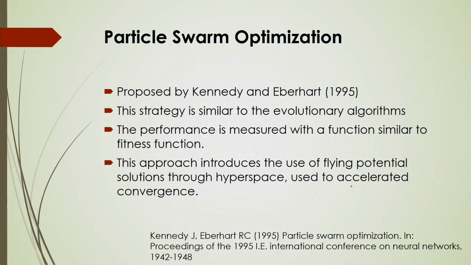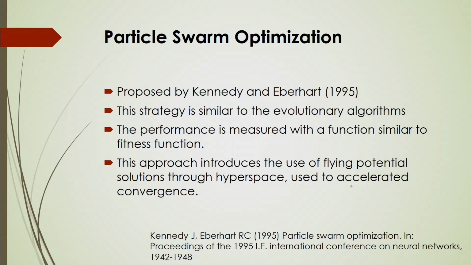And particle swarm optimization was proposed by Kennedy and Eberhart in 1995. According to this approach, you can say that the use of flying potential solutions through the hyperspace is generally used for accelerating the convergence.